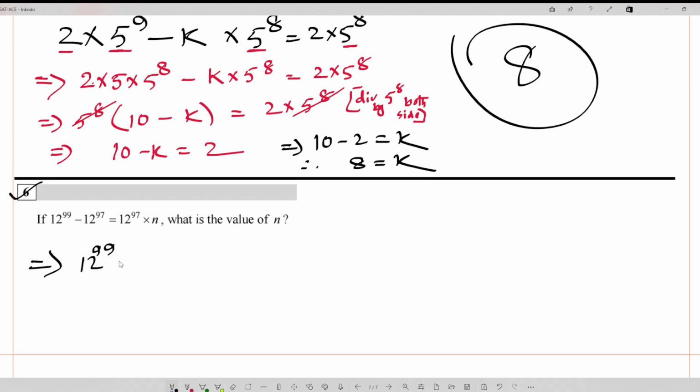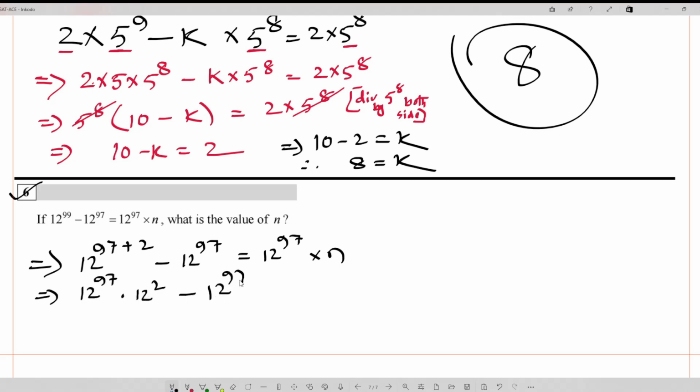We can write 99 as 97 plus 2. So 12 to the power 97 plus 2 minus 12 to the power 97 equals 12 to the power 97 times n. So this one we can write as 12 to the power 97 times 12 squared minus 12 to the power 97 equals 12 to the power 97 times n.